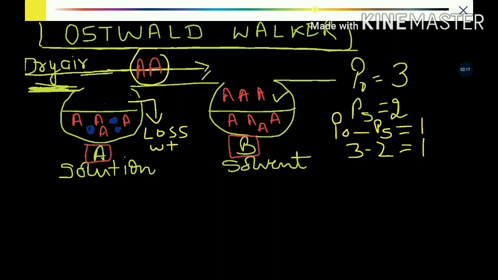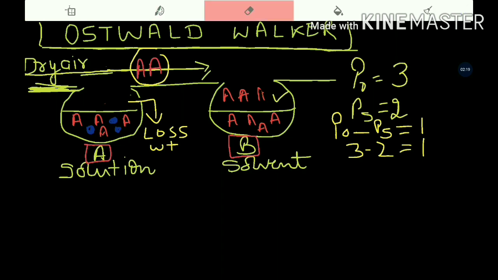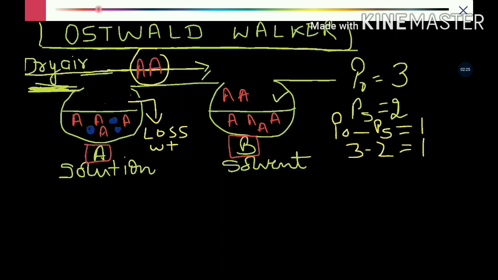So one more vapor will go from the solvent bulb to the dry air. And that means there is again a loss in weight in bulb B.